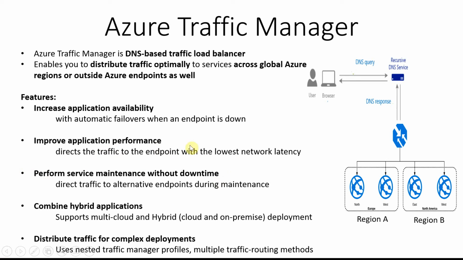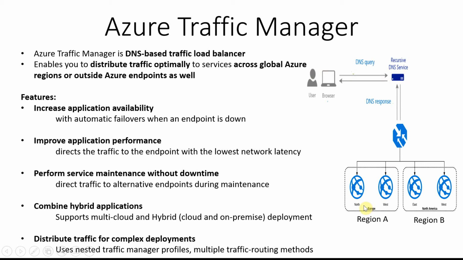Generally, the default rule is it will route the traffic based on the lowest network latency. Whichever is faster, it will go to that region and load the content from that VM rather than a VM which is far away from where the user is requesting.